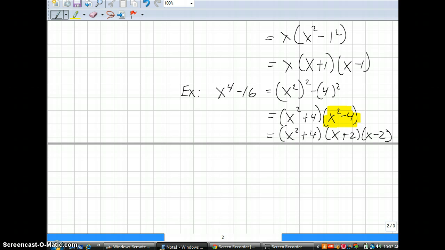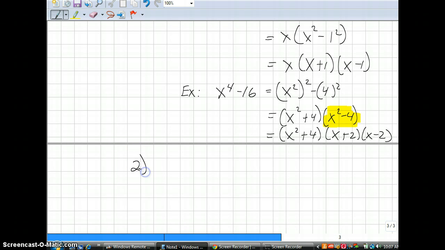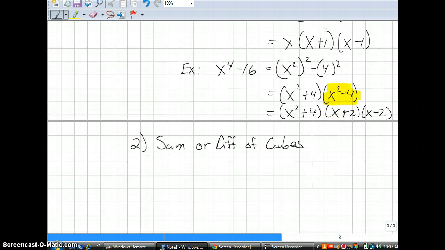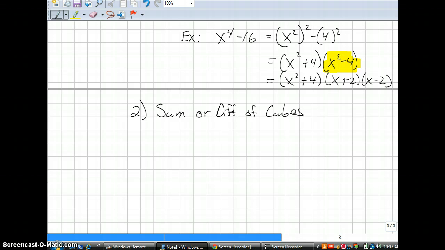Okay? Now, the other possibility, if there are two terms, is could it be sum or difference of cubes? Okay, so sum or difference of cubes, we're looking at something like this. a cubed plus b cubed, or a cubed minus b cubed.